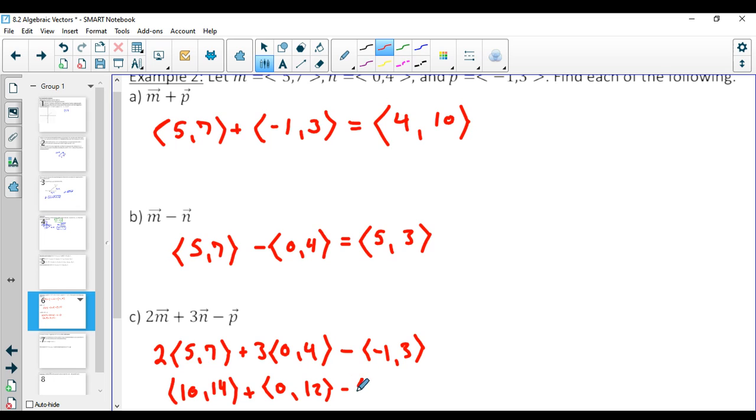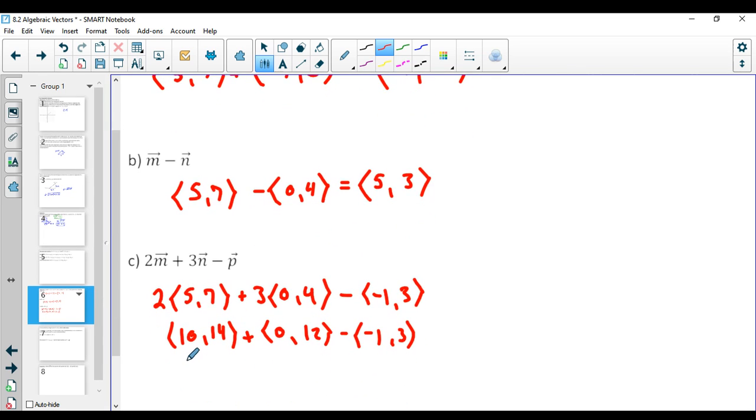And then minus (-1, 3). We end up with 10 plus 0 minus -1, which is 11, and 14 plus 12 is 26, minus 3 is 23.